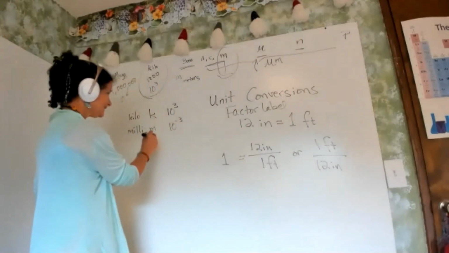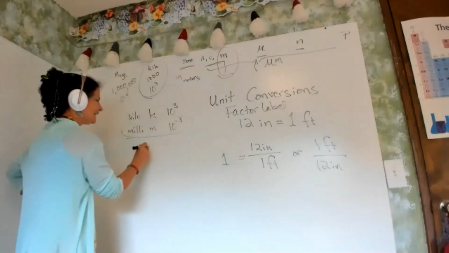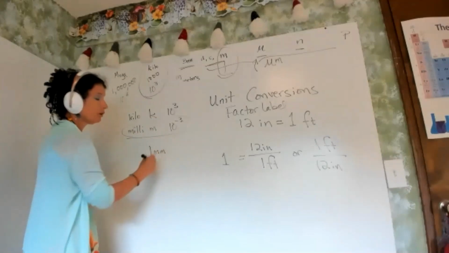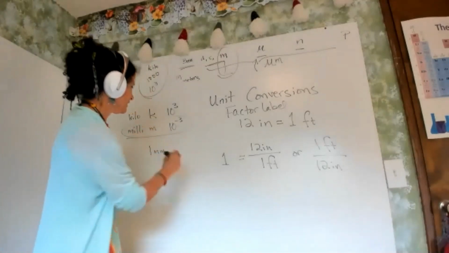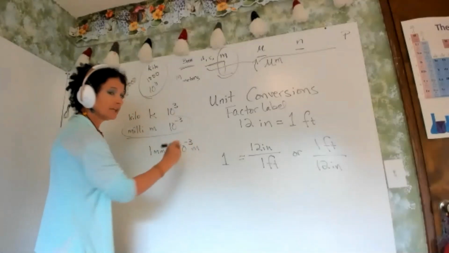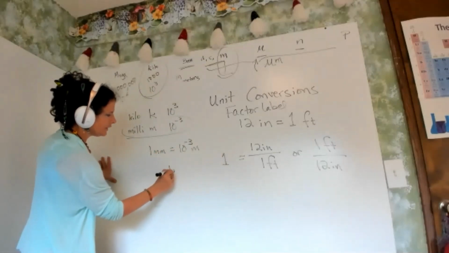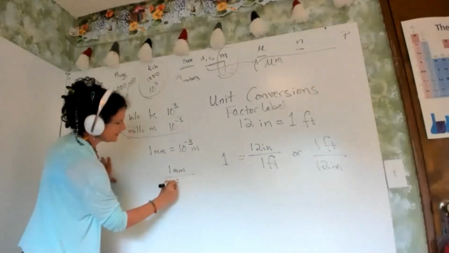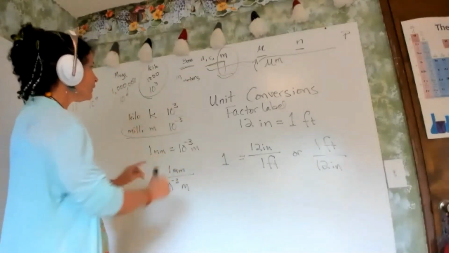So what that means, if we look at milli, and I'm pretty sure I talked about this the other day, is that 1 millimeter or 1 milligram or 1 milliliter is equal to 10 to the negative 3 meters. Or when we put it into factor label, if we do a factor, we would say 1 millimeter, 10 to the negative 3 meters. Or we can flip it.